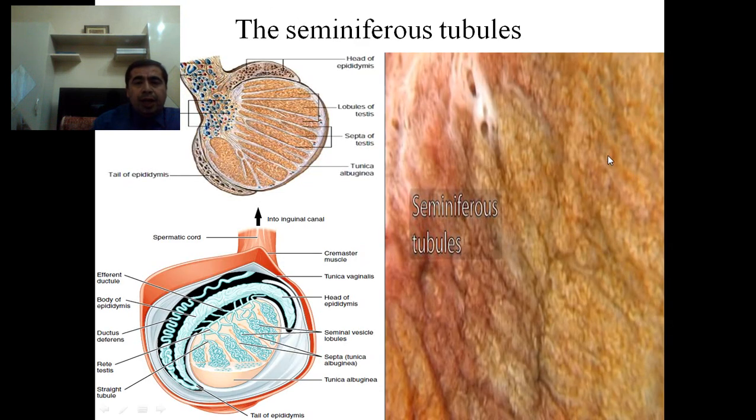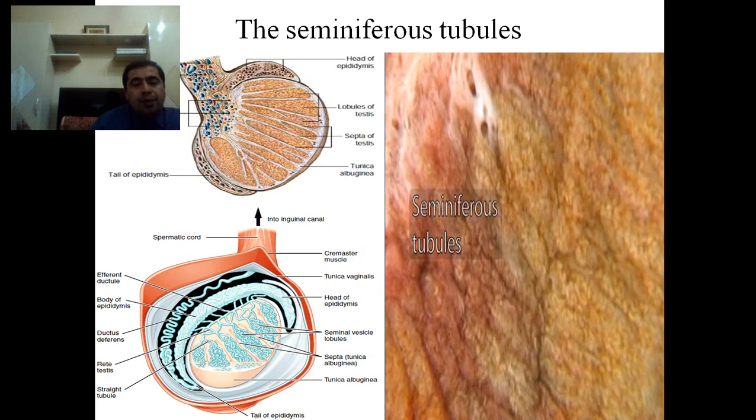Here you are looking at the seminiferous tubules. As I have noted, they can be convoluted or coiled, 2 or 3 in each lobule, and they can be straight, the tubuli recti.